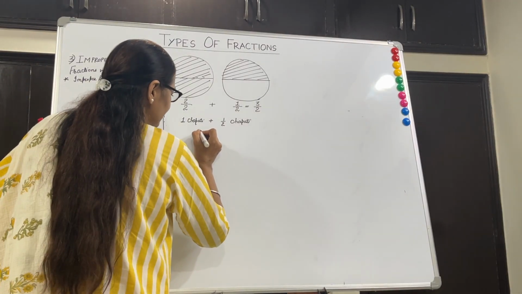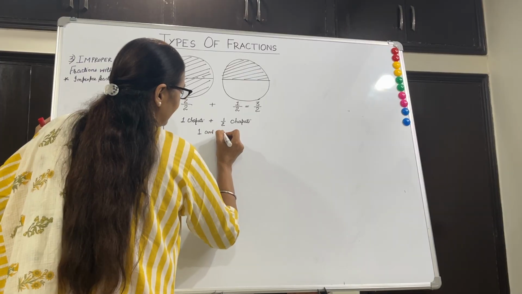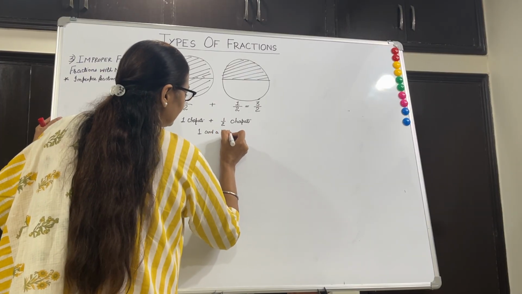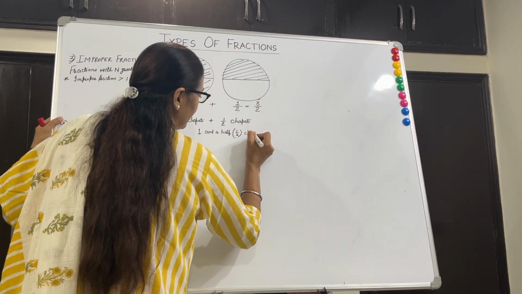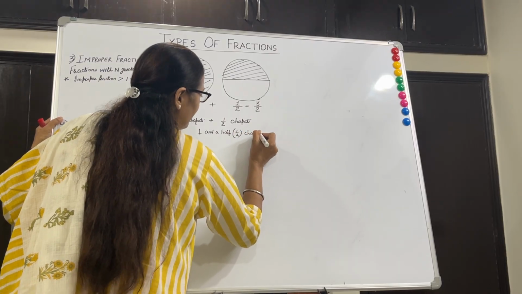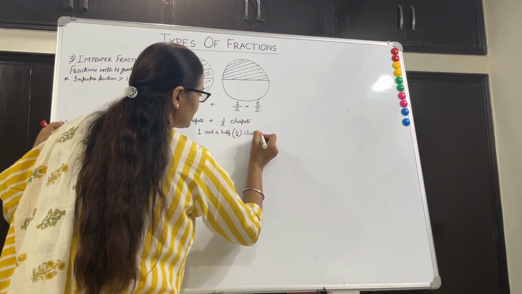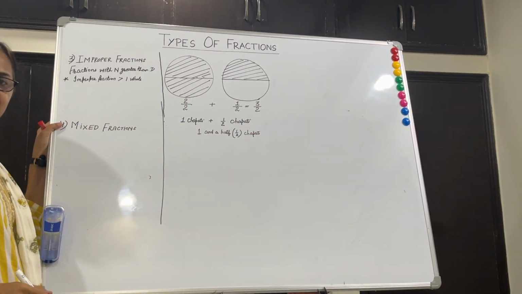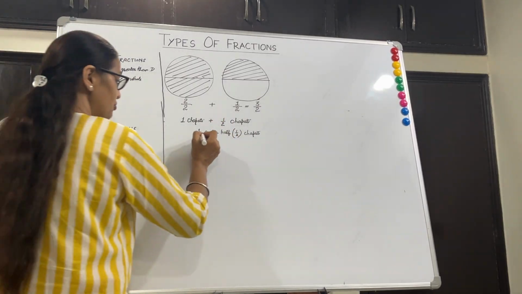You have eaten 1 and a half chapati. Half means 1 by 2. You have eaten 1 chapati and a half chapati. Okay. So how do we write it in numbers only?